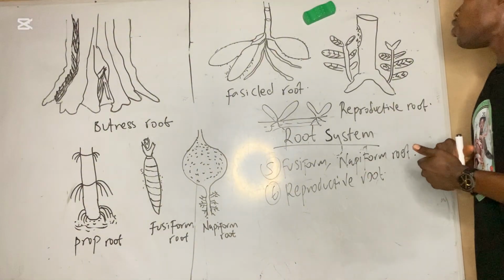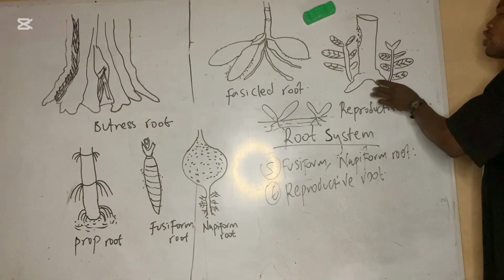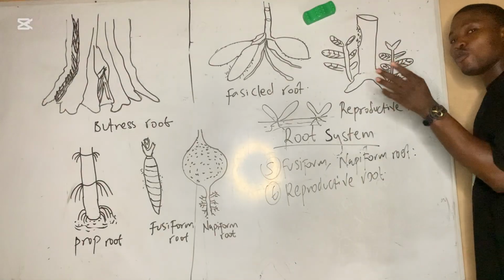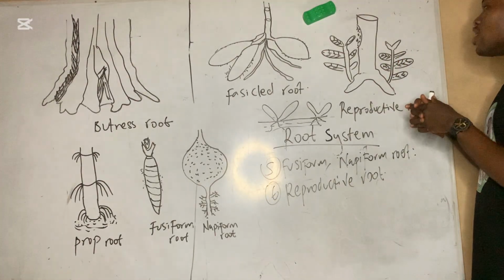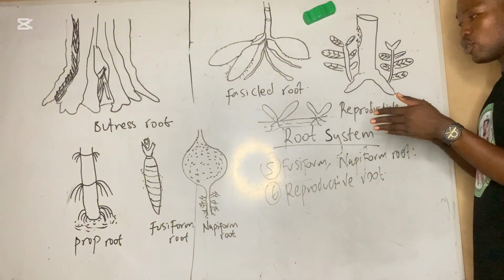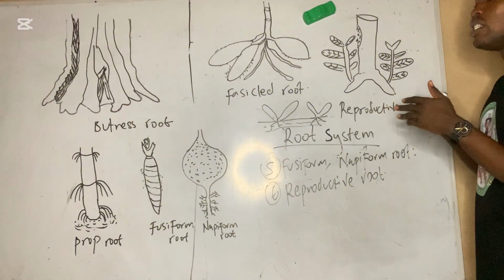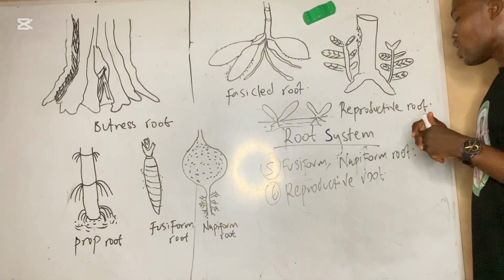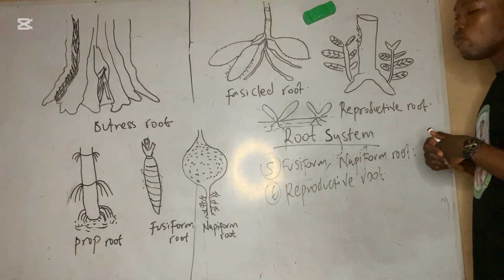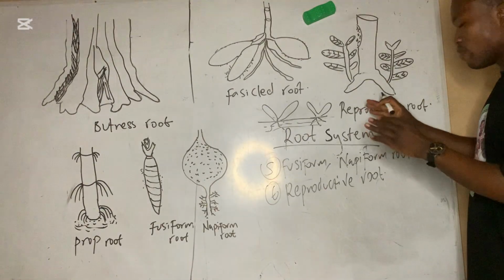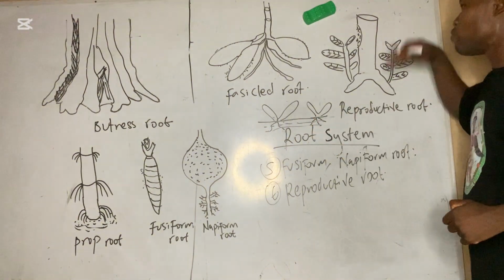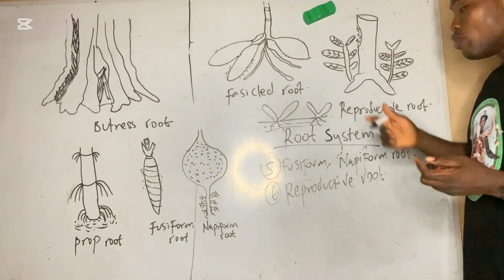Now the reproductive root is actually a very simple root. Sometimes they are buttress in nature, but they are roots that can generate a new plant. When a root can generate a new plant, usually from a taproot system, branches can develop a new plant, such a root is said to be a reproductive root.